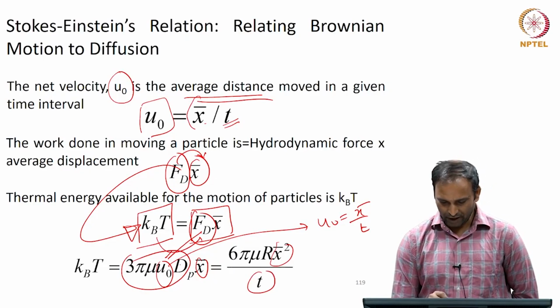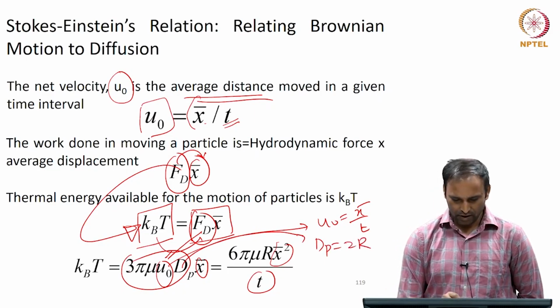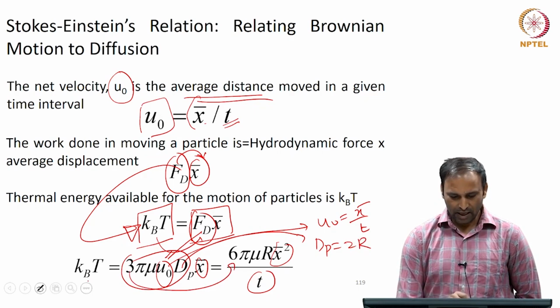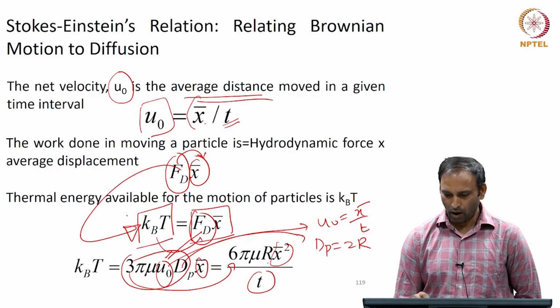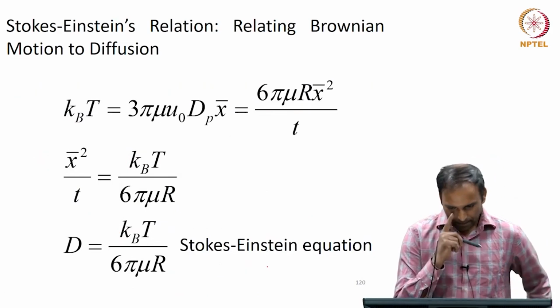Because you have dp here, and dp is 2 times r, this becomes 6 here. Therefore, kBT is equal to 6 pi mu r x bar square divided by t.